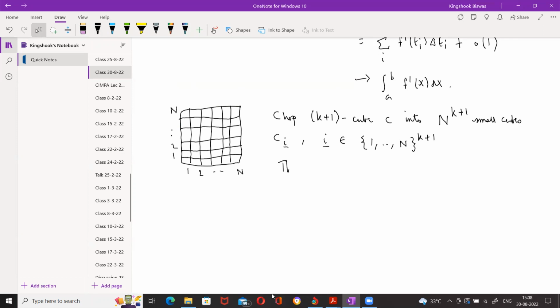Then the key point is this observation about the boundary of C. It's not exactly equal, so I should be careful.